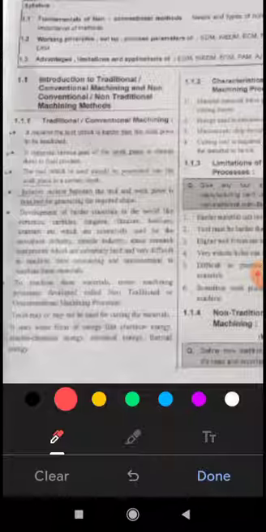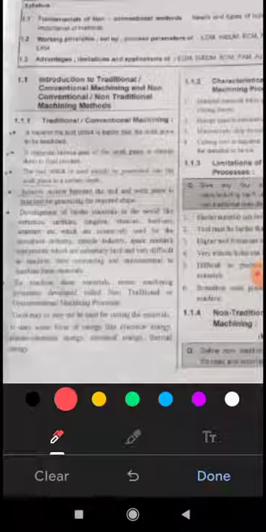Now in non-conventional machining processes, let's first see what the traditional or conventional machines are, like lathe machines, cutting machines, different drilling machines. These are the traditional machines.